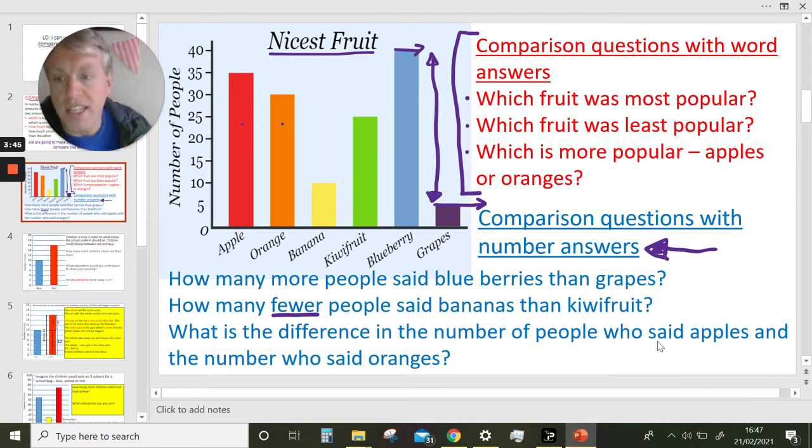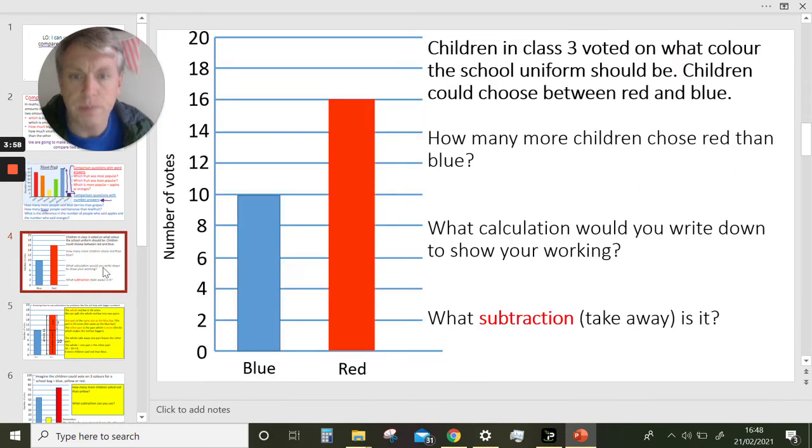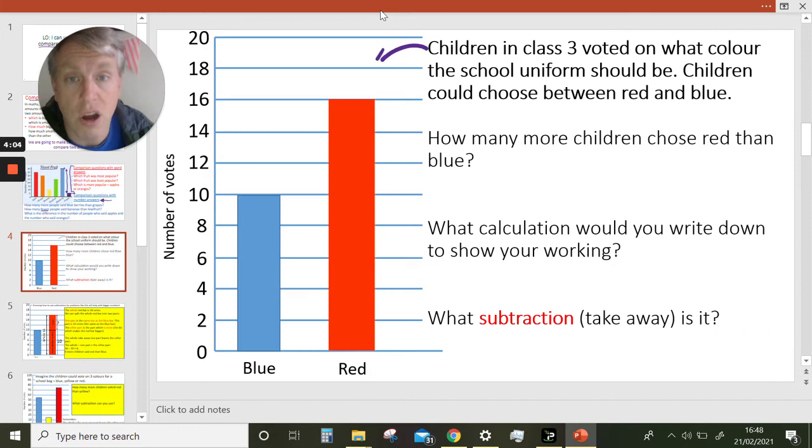So let's look at some of these questions. We're particularly going to practice these blue questions where we are comparing and trying to find the number that says how many more, how many less. Right. This bar graph shows the children in class 3 voted on what colour the school uniform should be.